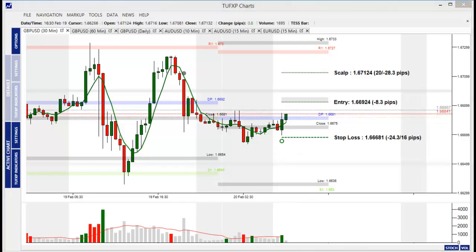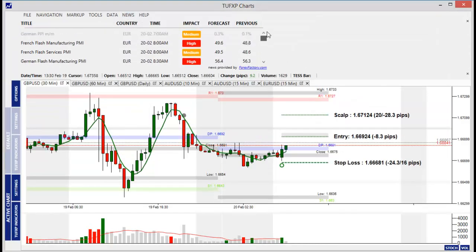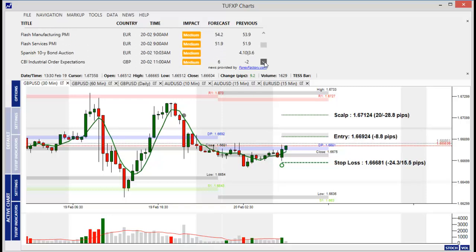Right, let's have a look at the news and see what the market can expect today. Let's just move to the top there, we've got German PPI, which has already been released. That was at 7 a.m. French manufacturing, that may move the euro, not too much for the UK. We've got German flash manufacturing there. Anything for the UK this morning?